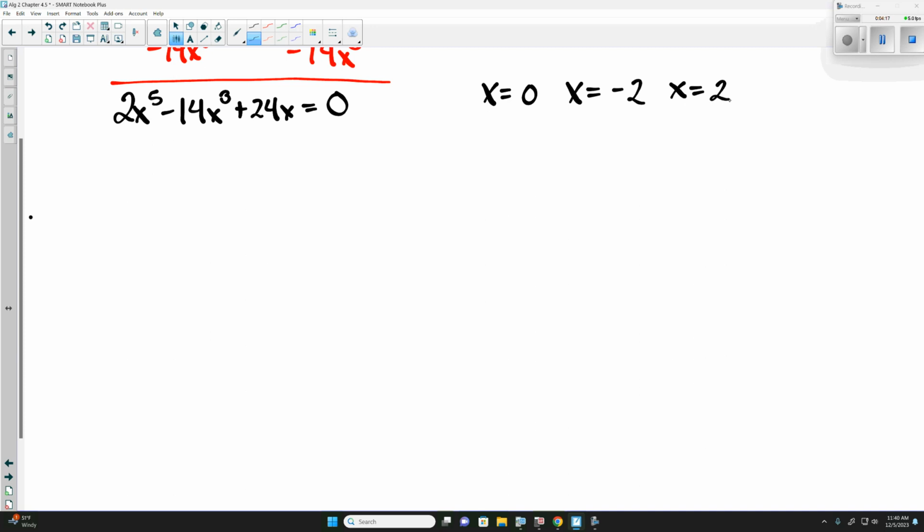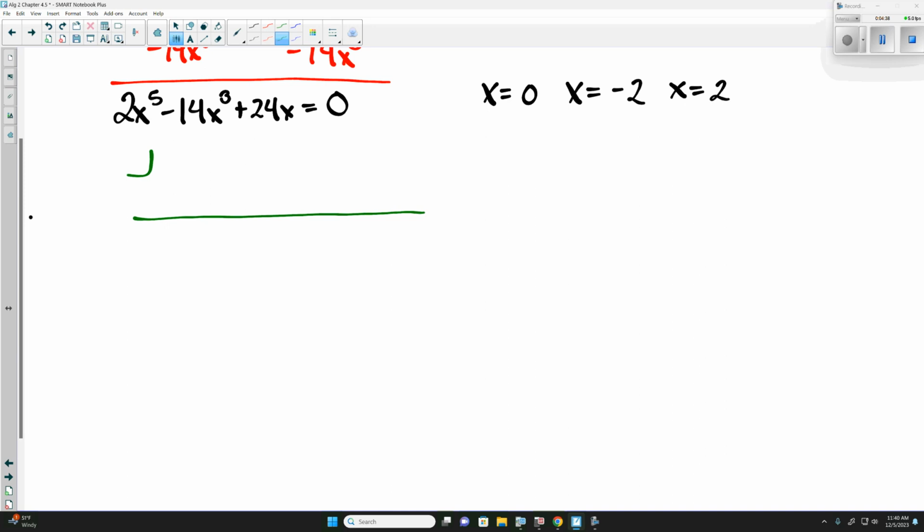And that's helpful because with these 3 solutions, we can bring the degree of this down by 3, from a degree 5 to a degree 4, from a 4 to a 3, and then a 3 to a 2. And we can solve a degree 2. Now to bring the degree down, we have to do synthetic division.